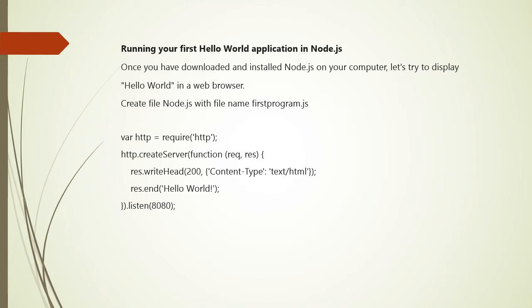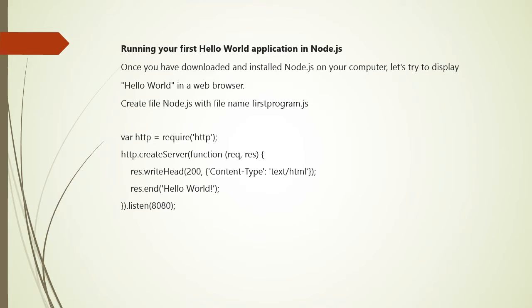Now, how to run your first Hello World application in Node.js, that we are going to see. Once you have downloaded and installed Node.js on your computer, let's try to display Hello World in a web browser.